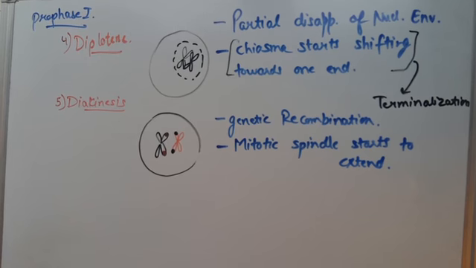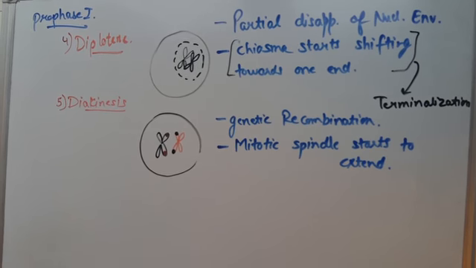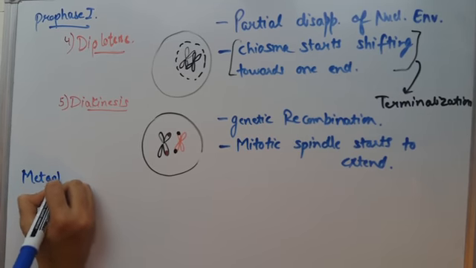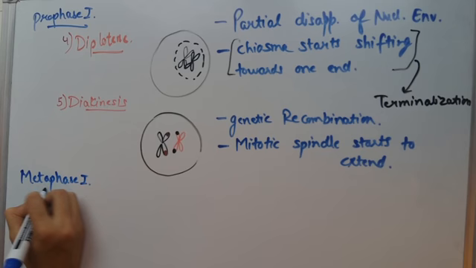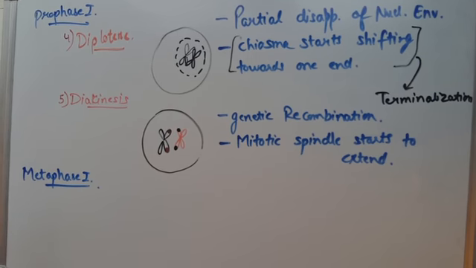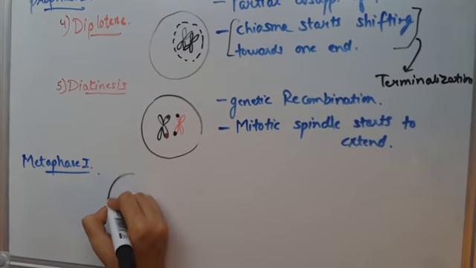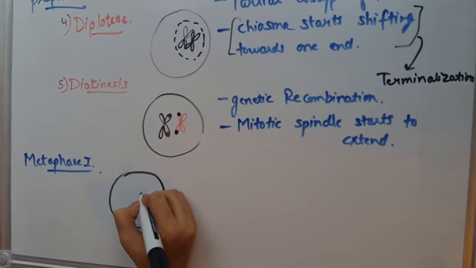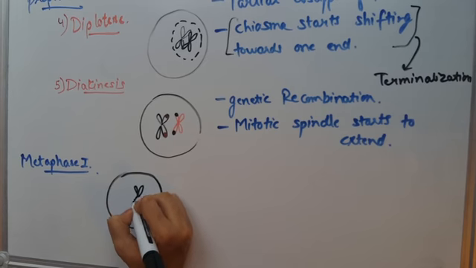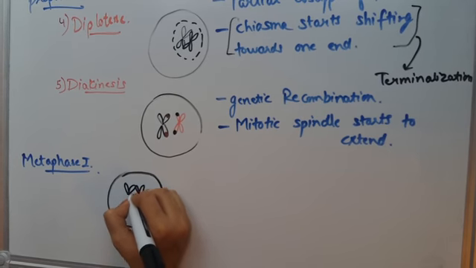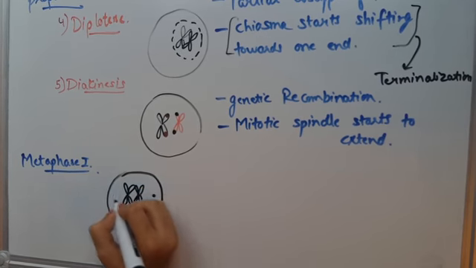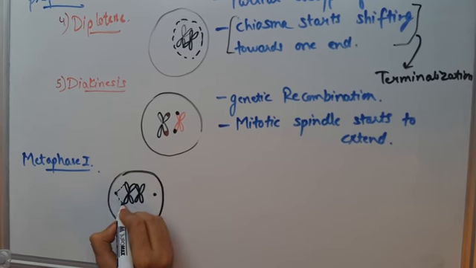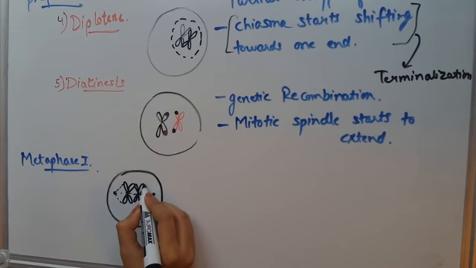Our next stage is metaphase 1. Here the chromosomes line up at the center, and the centrosomes are at the opposite poles with their mitotic spindle.